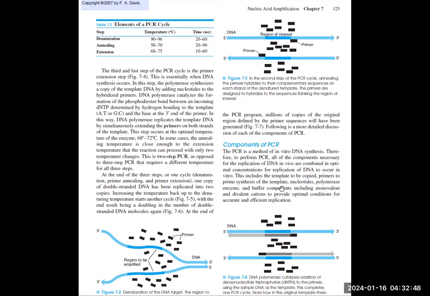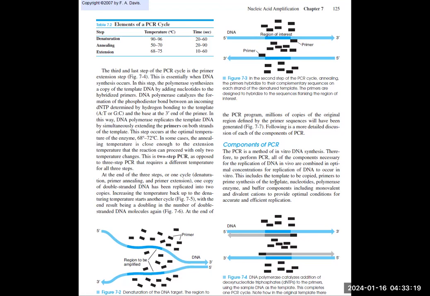And then components of PCR. So since this one is an in vitro DNA synthesis, we need to make sure that all of the components needed are there and are combined in the best of conditions for DNA replication to happen in vitro. So what are the components we need? Of course, the starting point, the template to be copied, our DNA template, our primers.